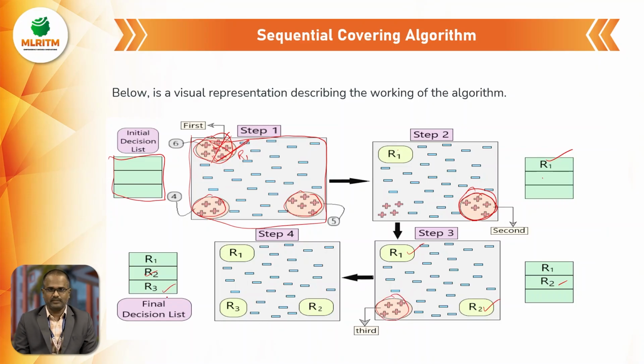Finally, we covered all positive examples. Only negative examples remain, so we can stop here. After the completion of this process, we found three rules, R1, R2, R3, which cover all the positive examples in the given data set. This is the way a sequential covering algorithm works.